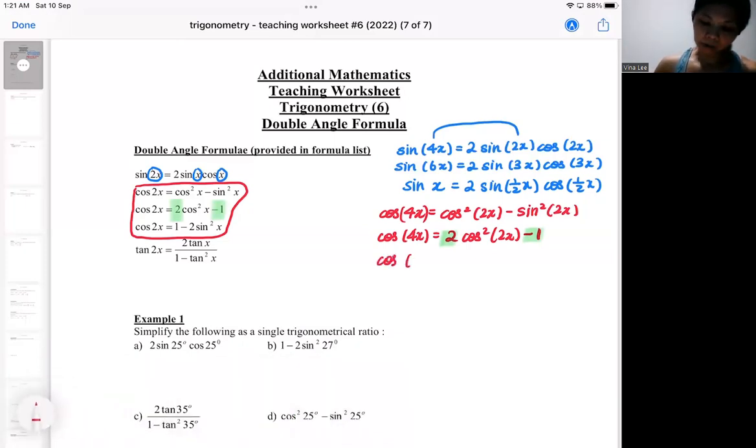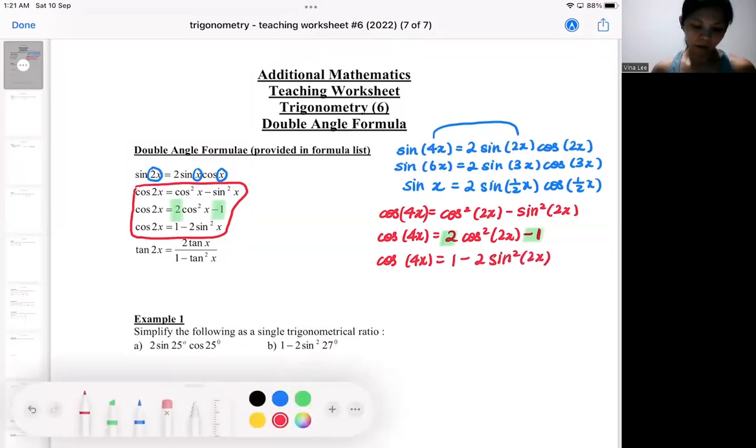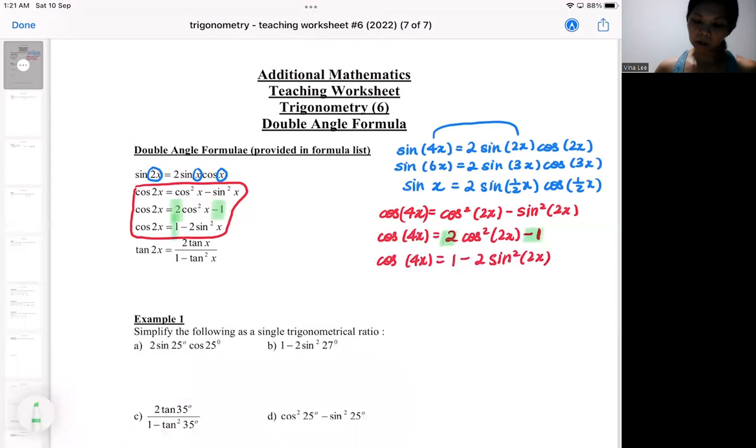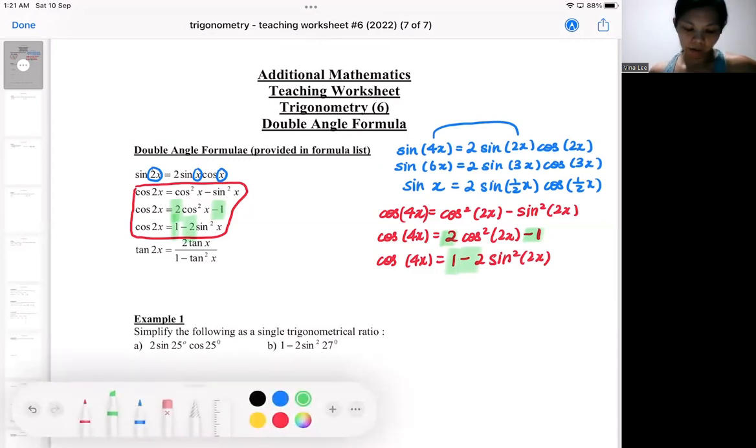So for cosine 4x, the 1 is still there, the minus 2 is still there. I'm only changing the angle. That's one difficult part that you need to relate to double angle if you didn't know about this trick.